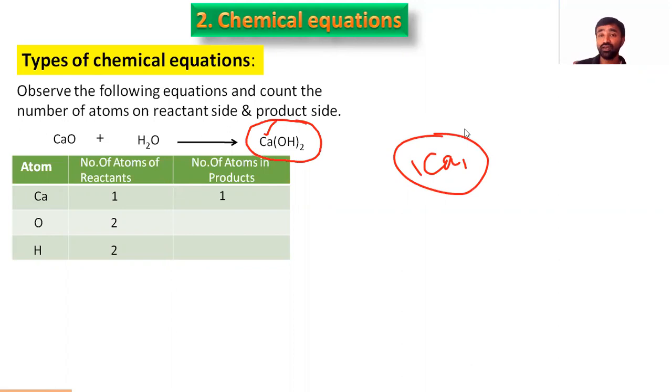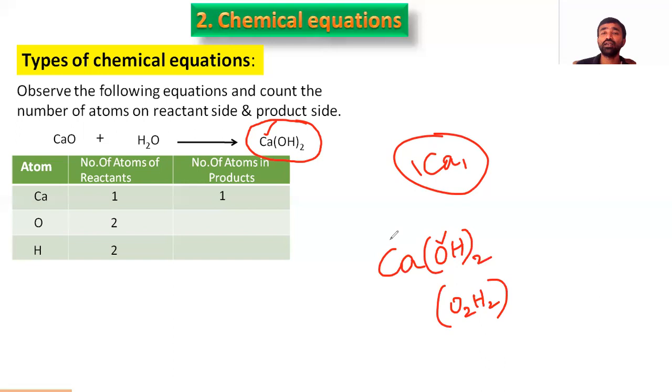Then oxygen, it is enclosed in the bracket. Look at that composition. Oxygen is enclosed in the bracket and it has a subscript, so this will be distributed to both like this. So how many oxygens are there? 2 here. So I will write the count of oxygen on the RHS side. Then hydrogens also 2 here.